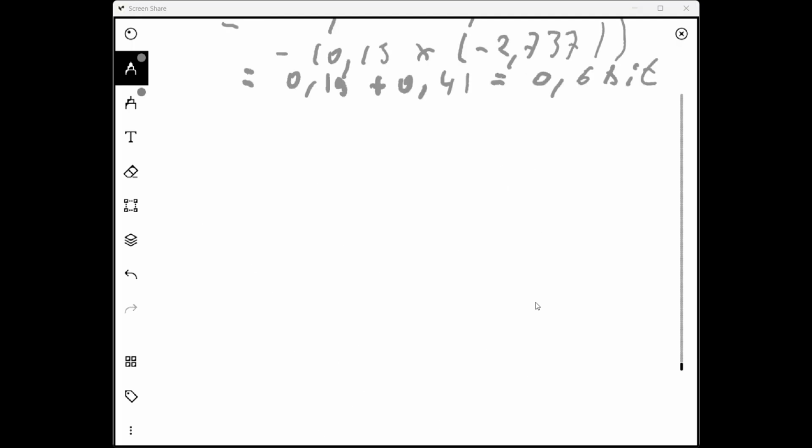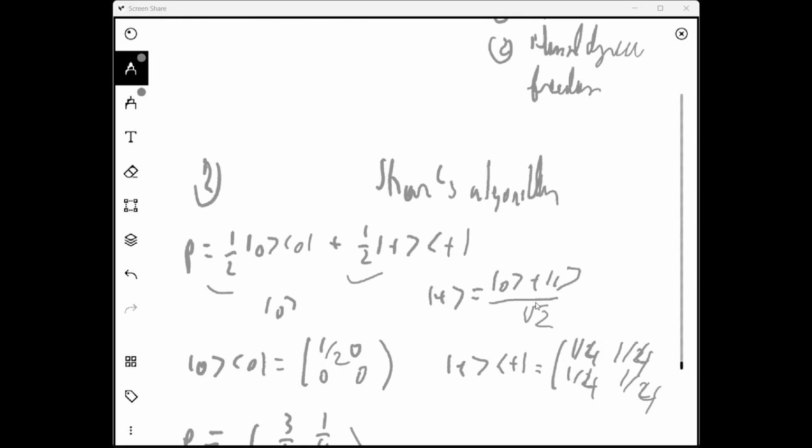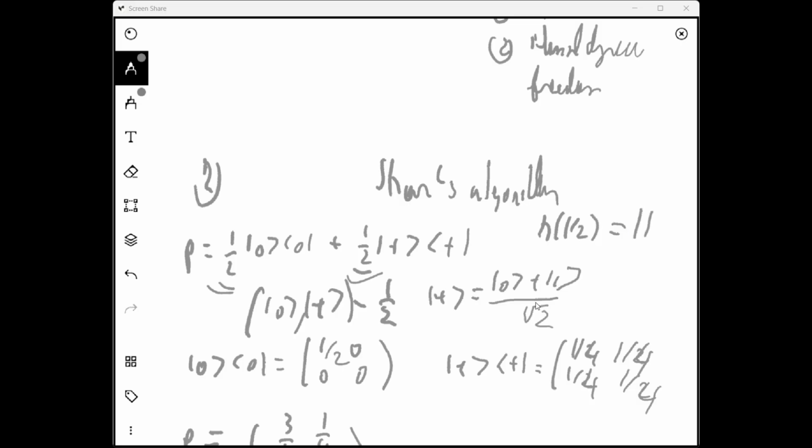We either have state 0 or state plus, with a probability of 1 over 2, and in the classical computer we would store those choices as letters, state A or state B. If you calculate the binary Shannon entropy, it's h of 1 over 2, which is equal to 1 bit. But as we proved with the Schumacher theorem, with a big number n of qubits, the total number of qubits that we will need to compress and reconstruct without loss will be n multiplied by S of ρ, which is equal to 0.6 n qubits.